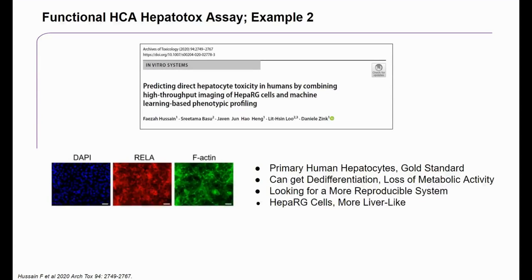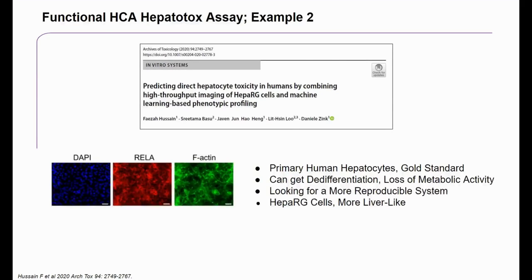Obviously, these are expensive and can be difficult to get, and of course there may be some issues with reproducibility. But another problem with these is that you can get de-differentiation of these primary hepatocytes, and then you get a loss of metabolic activity.